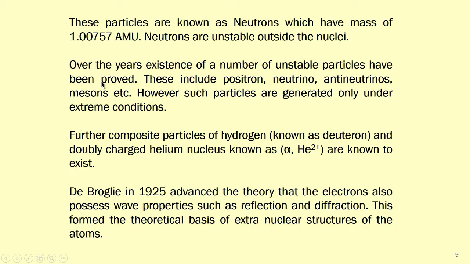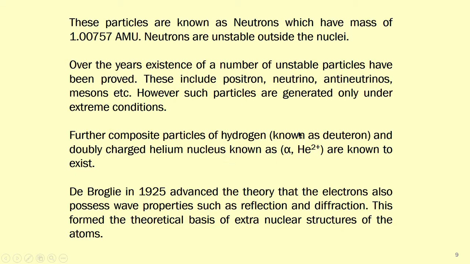Over the years we have come across a number of unstable particles, and their existence has been proved, and these include positron, neutrino, antineutrinos, mesons, etc. However, such particles are generated only under extreme conditions of pressure, temperature, and then magnetic fields, electric fields, and most of them in chemical reactions, nuclear reactions.